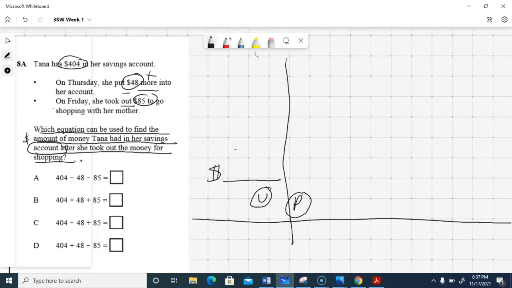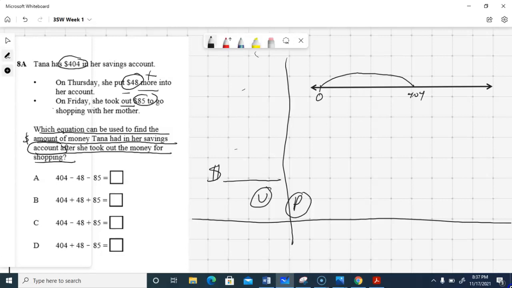Okay, number lines always work pretty good for that. So I'll put a number line up here. On my number line, I'll mark where I start out with is 0. And she had $404 in her account. That's what she started with.